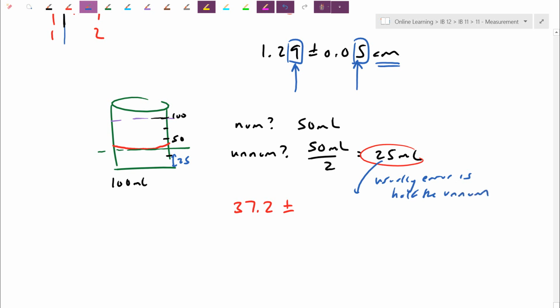Again, just a rule of thumb here, I'm going to let myself be wrong half up and half down. If I'm at 37.2, I'm making this guess here, half of 25 is 12.5. By creating my own increment, if I go 12.5 up and 12.5 down, I've created the size of a tick mark, and I know at the very least I'm guessing 37, and I'm now centering a new set of tick marks.